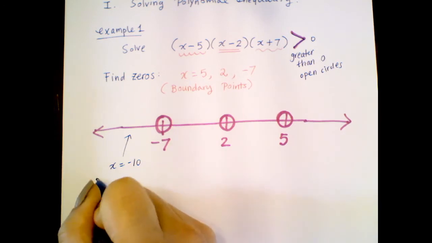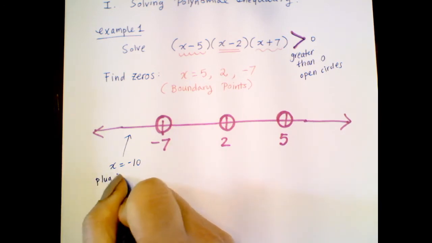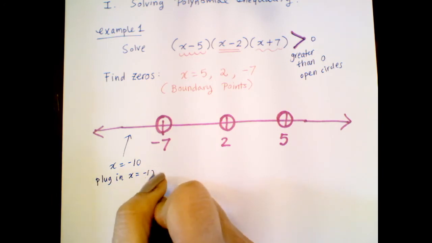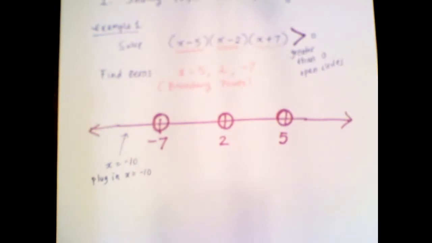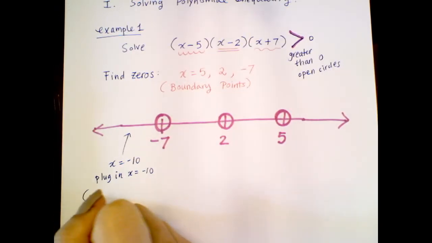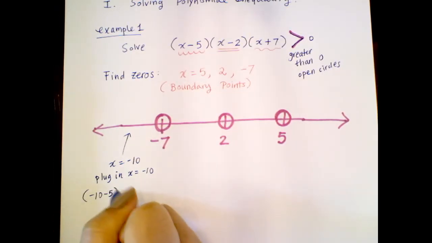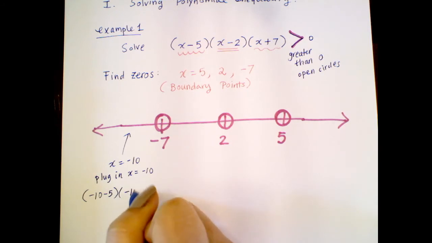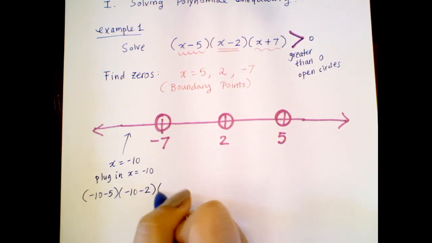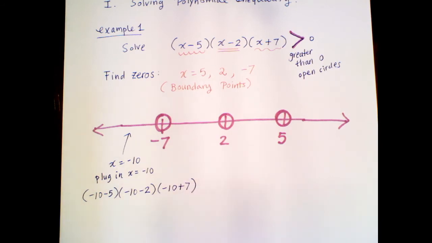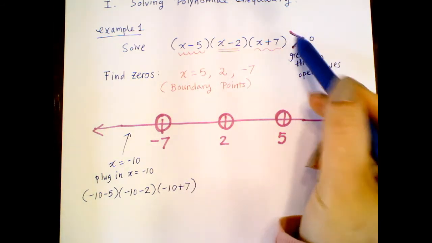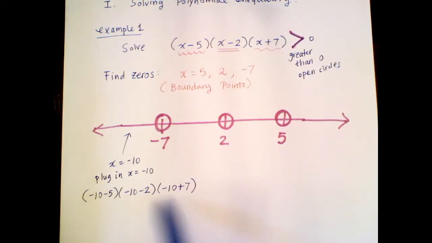All right, plug in x equals negative 10 into your original polynomial, okay? So that will turn into negative 10 minus 5, negative 10 minus 2, and negative 10 plus 7, okay? I'm just going to plug in negative 10 into these 3 factors and see what I got.